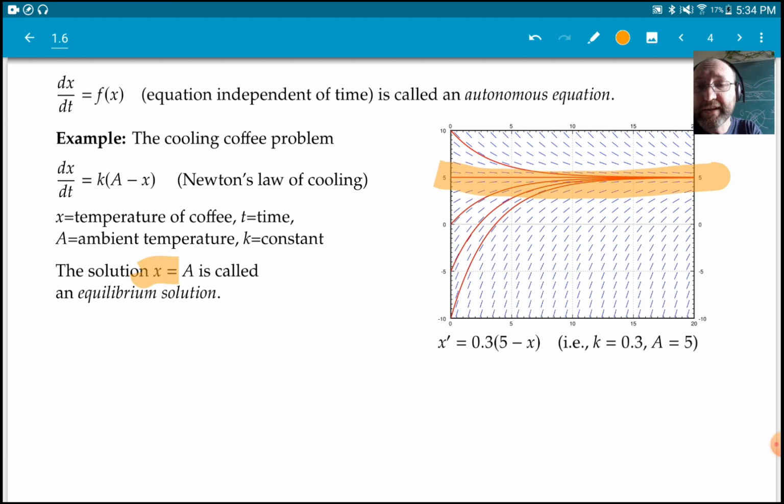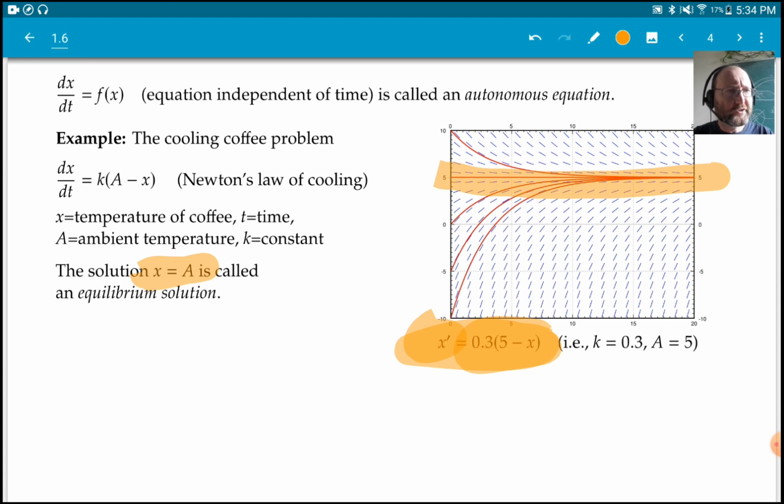All right, now, one of these solutions, this solution x equals 5 in this case, or x equals a more generally, that's a constant solution. It's just x is always a, or x is always 5 in this case. That's called an equilibrium solution. Plug that in: x equals 5. The right-hand side is 0, the left-hand side is also 0 because the derivative of a constant is 0.